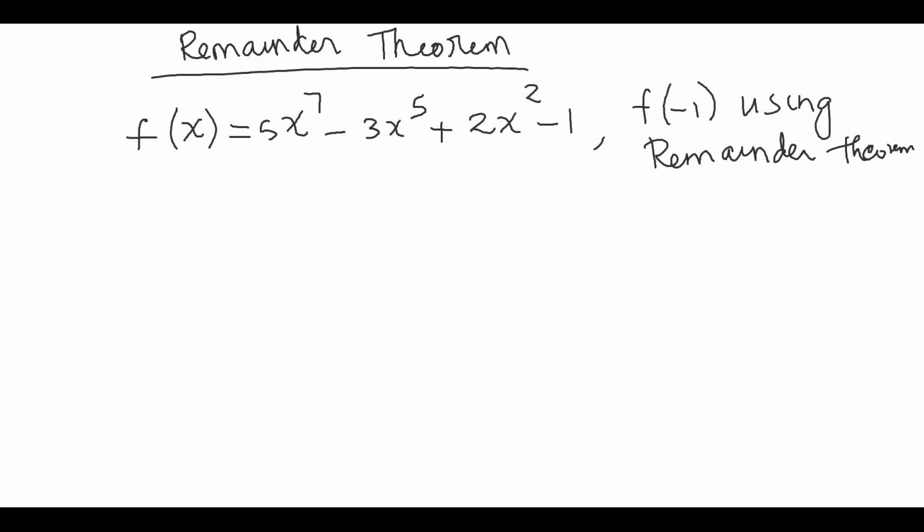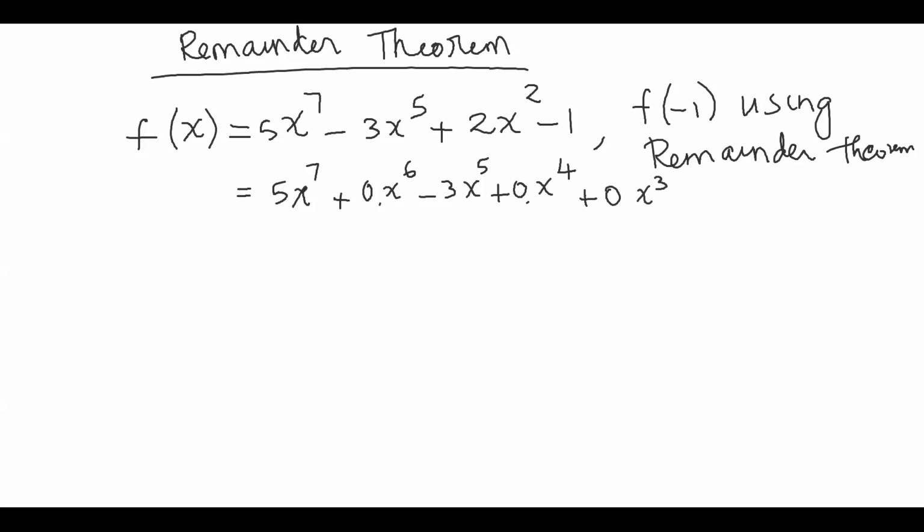Before we do that, make sure the polynomial is complete. We have 7, the next power is 6, but we don't have 6, so we put 0. Then we have the 5, and we don't have 4, so put 0 for x to the power 4, and there is no 3, so we have to put 0.